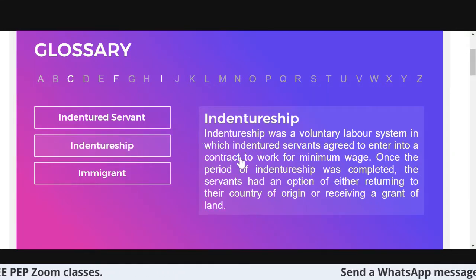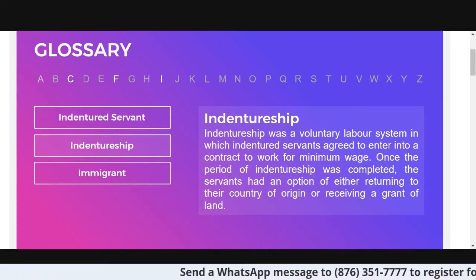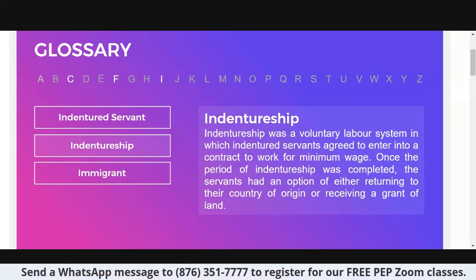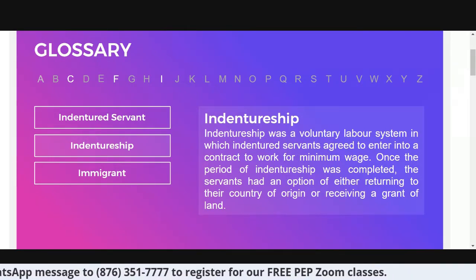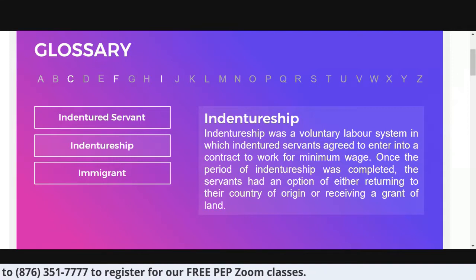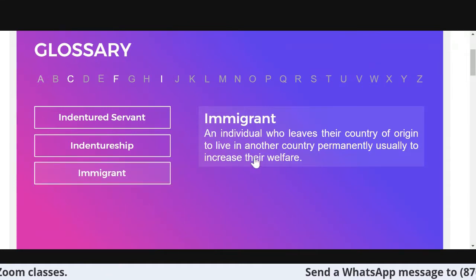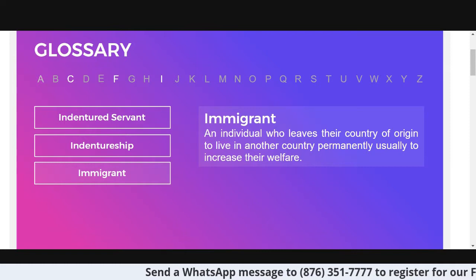So indentureship was a voluntary labor system in which indentured servants agreed to enter into a contract to work for minimum wage. Once the period of indentureship was completed, the servants had an option of either returning to their country of origin or receiving a grant of land. Immigrant, an individual who leaves their country of origin to live in another country permanently, usually to increase their welfare.